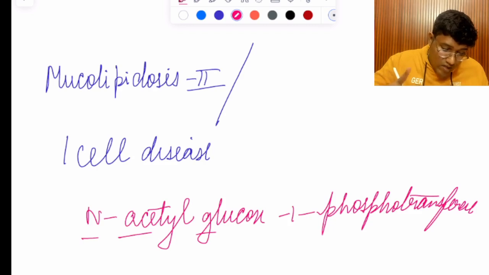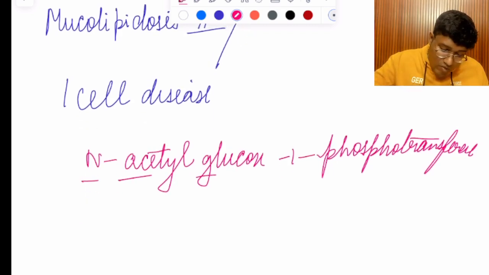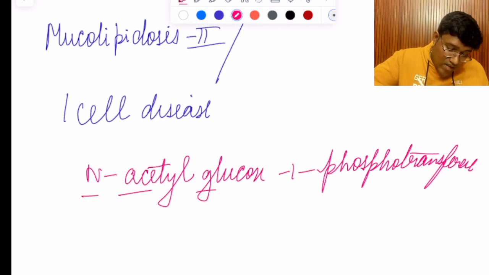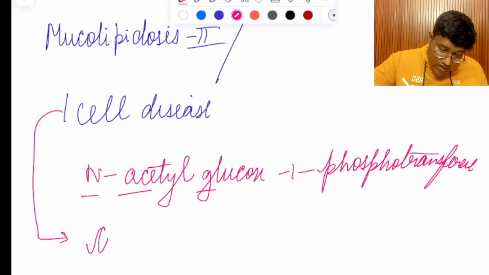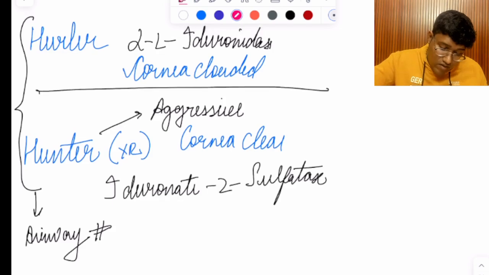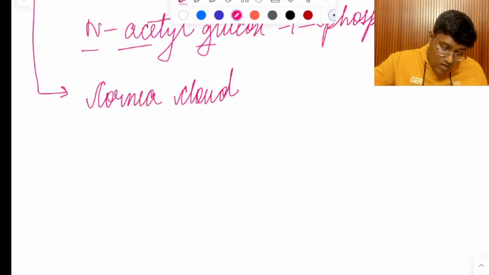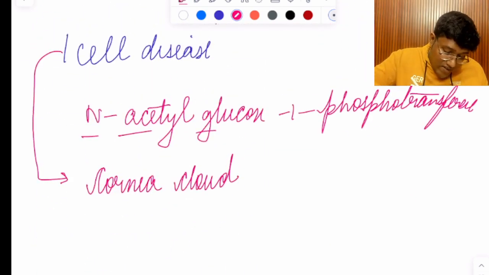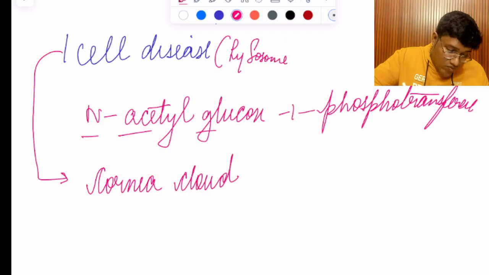So remember that, phosphotransferase. Now, about I-cell disease, what you should know is that I-cell disease can have clouded cornea. So it could be one of the differentials for Hurlers, right? Hurler has clouded cornea. Oh, so does I-cell. And besides that, this is a lysosomal issue. So remember, the process has something to do with lysosomes.